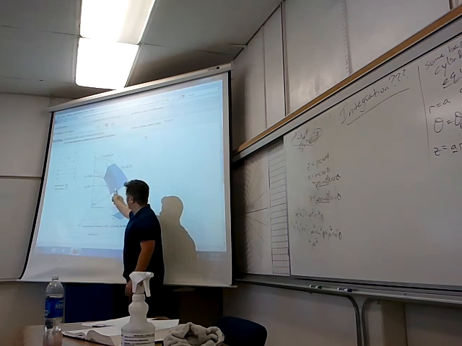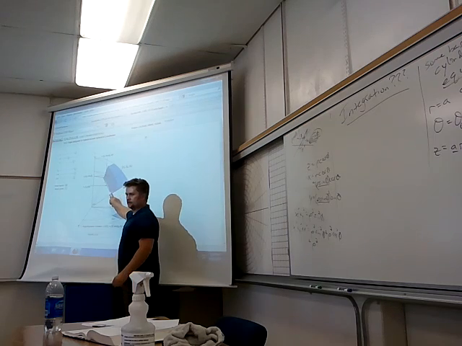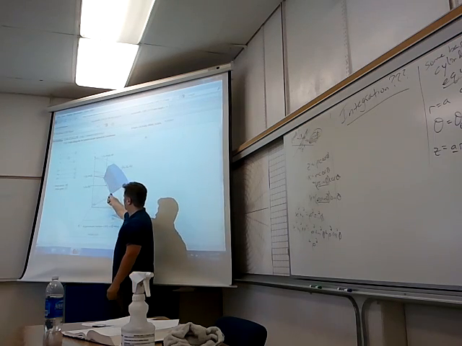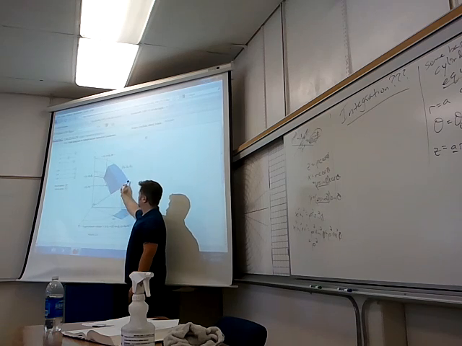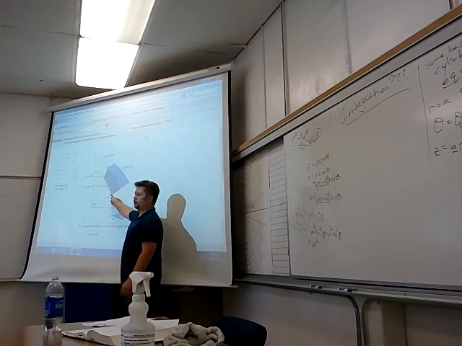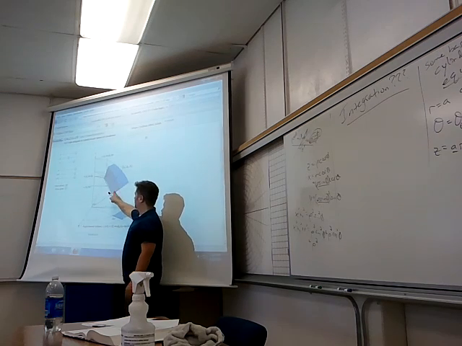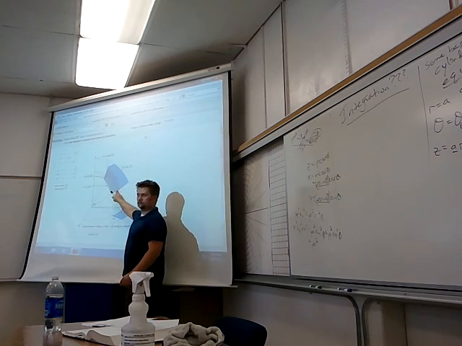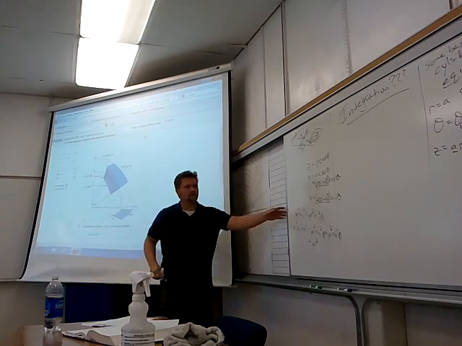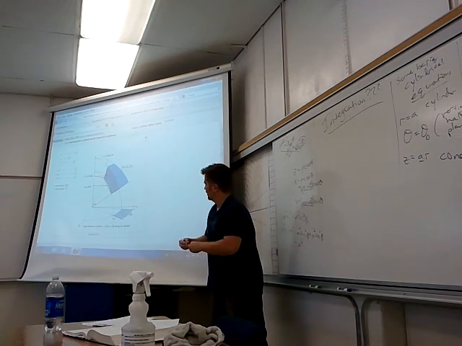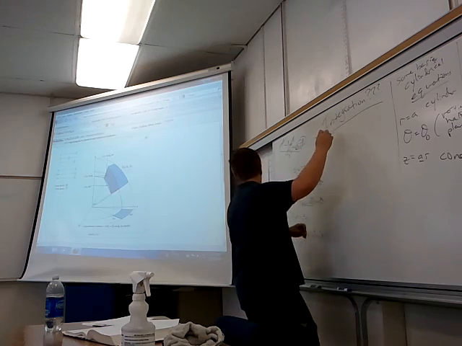This side here is the easiest. This is rho for the lower part of the box, and that's rho for the upper. So that side is just going to be delta rho.